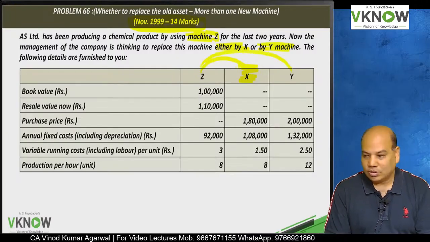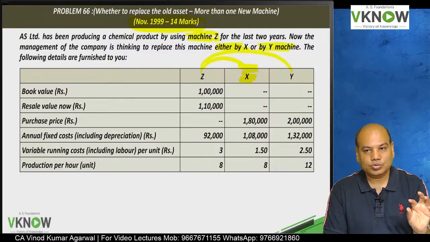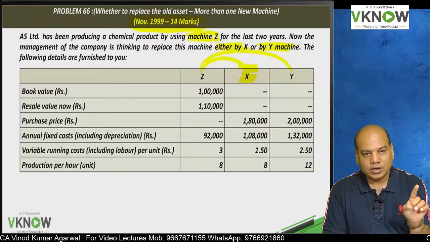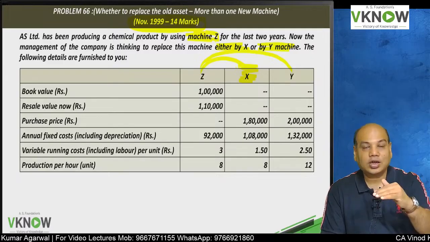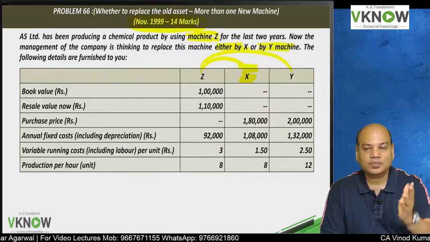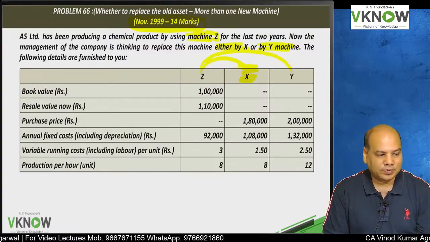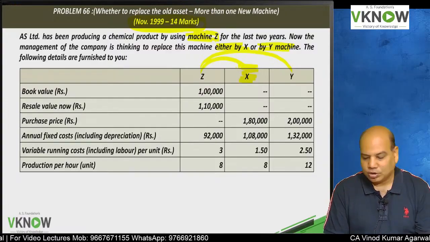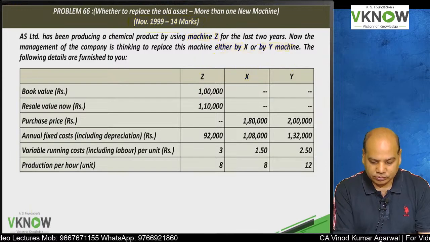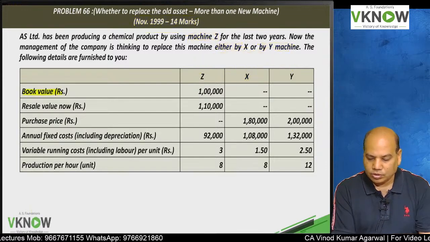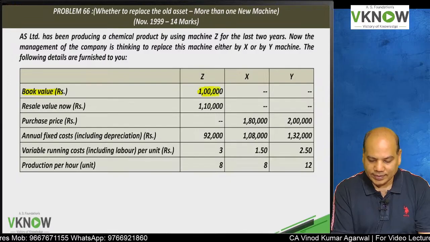So it is a more complicated question, because you have to solve it twice. One comparing Z with X, second comparing Z with Y, and the one which gives higher incremental NPV will be selected. Book value of old machine is 1 lakh. This book value of old machine is irrelevant.